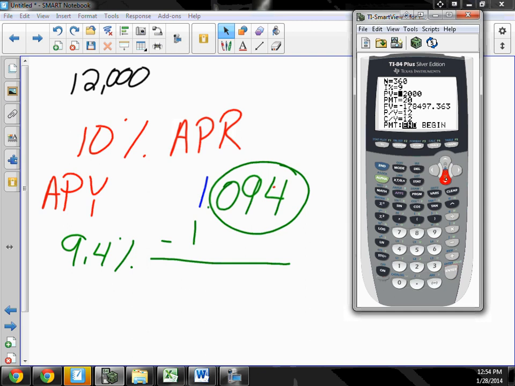Now I'll calculate the future value. Oh, and see when I put payments per year 12, my compound changes, so make sure you fix that, or else you'll be a little bit low. So it's alpha enter.